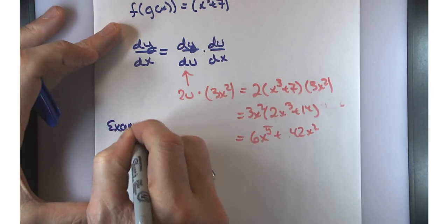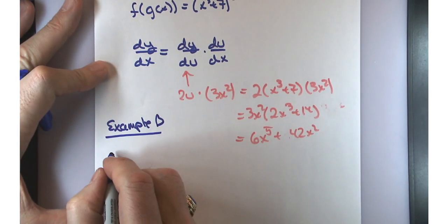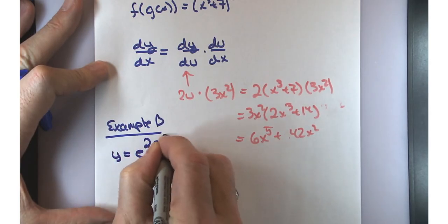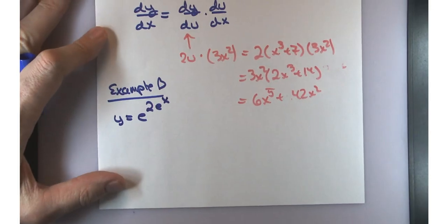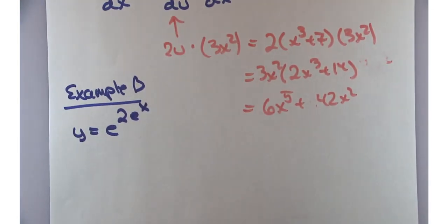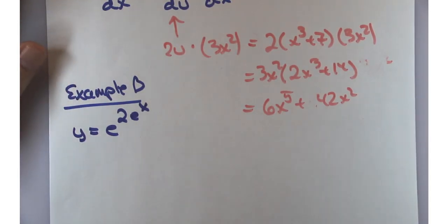Example B is going to be y equals e to the 2e to the x. So again, you've got to split this up as an outside function and an inside function. So let's see here.